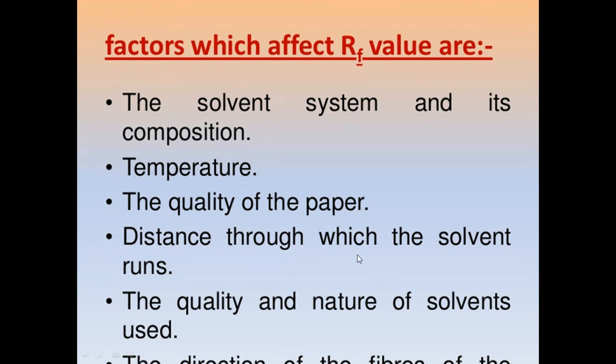The distance through which the solvent runs also matters, because it depends on the quality of the paper or the thickness of the slide where the silica gel has been loaded. The quality and nature of the solvents, whether polar or non-polar, will also change the RF value.